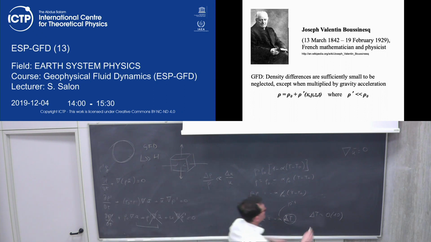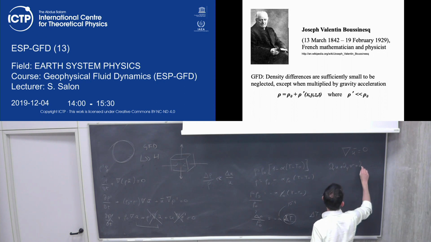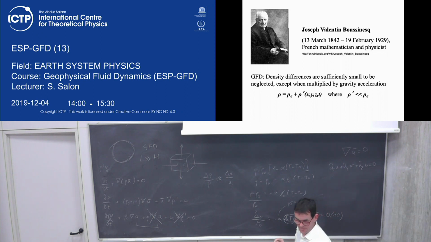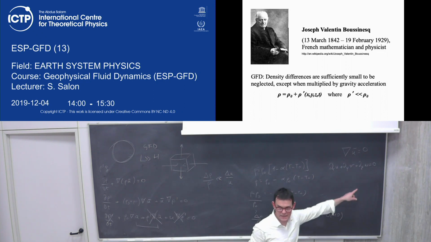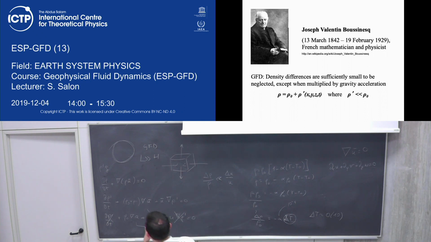So if I express this as dx u plus dy v plus dz w, mass conservation for a Boussinesq fluid means that these three terms must be balanced, even if I am in steady or not steady conditions.